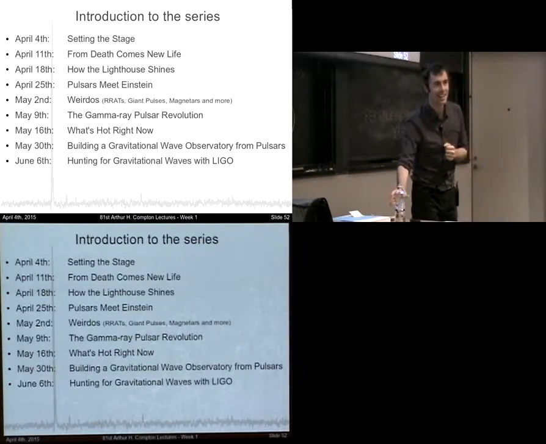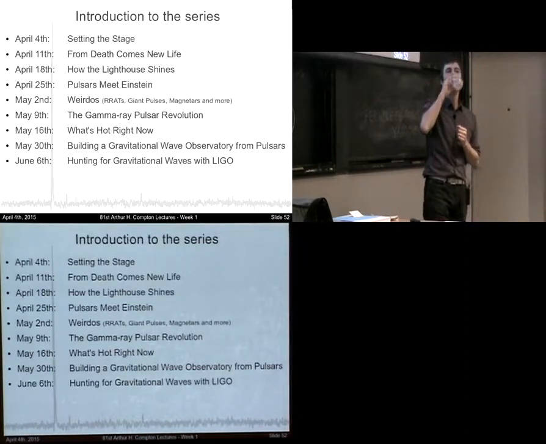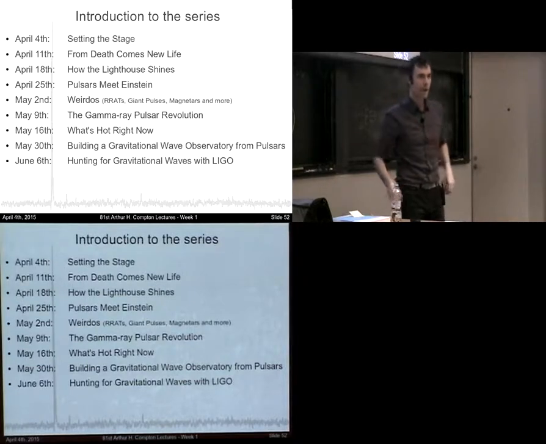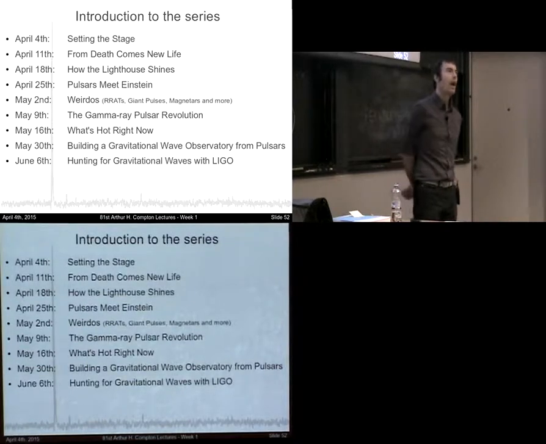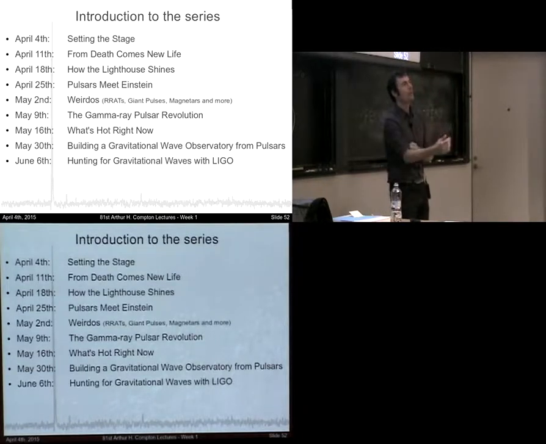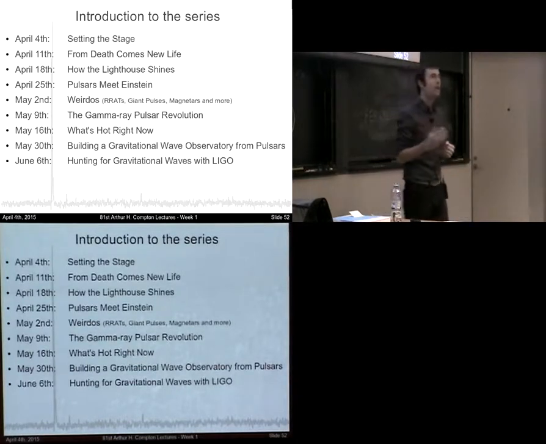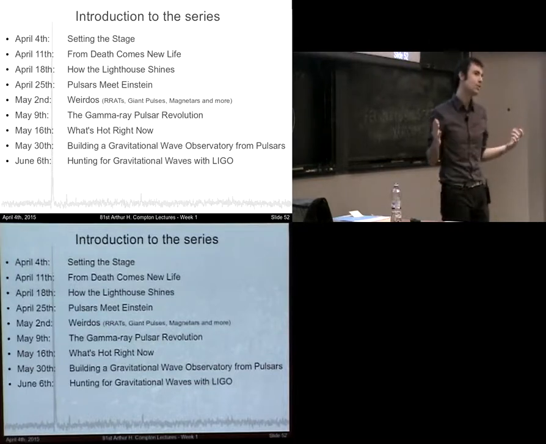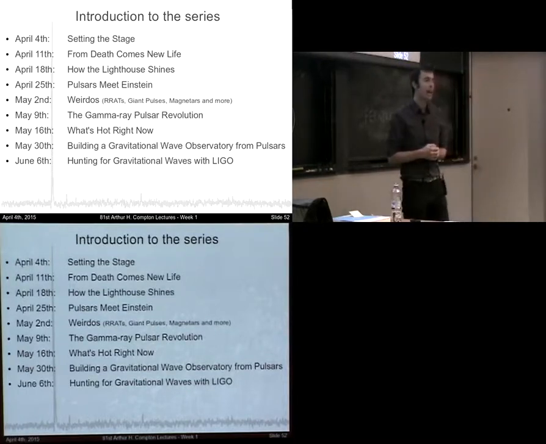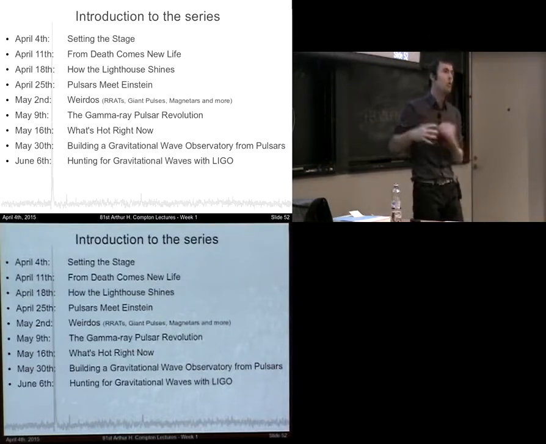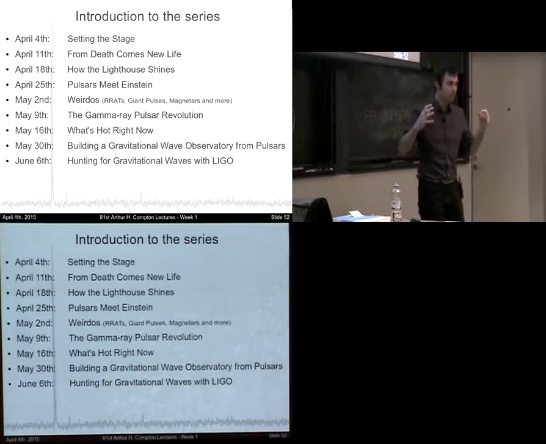I was wondering, if the neutron star is like a giant neutron, has that led to any discoveries about neutrons themselves? I don't know if I said it was like a giant neutron. It was more like a giant ball of neutrons. This is not what I'm going to talk about in this series of lectures, but the interior of the neutron star is a very active area of study. It's a very crazy place, at densities that we can't create.